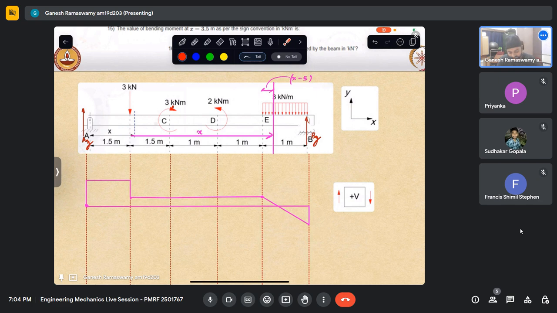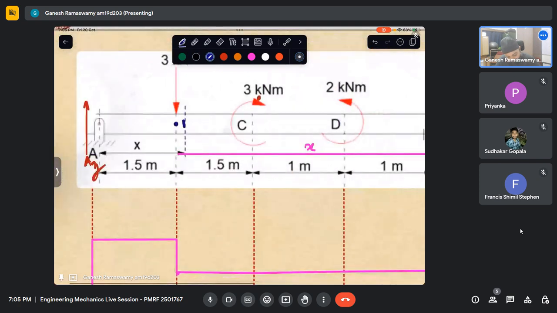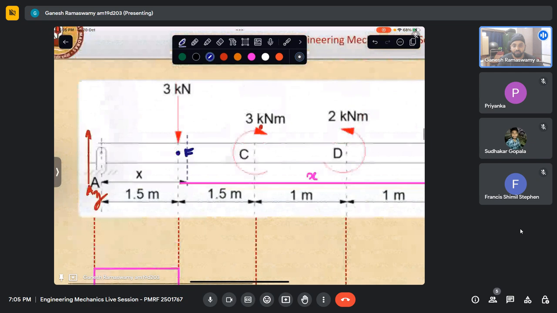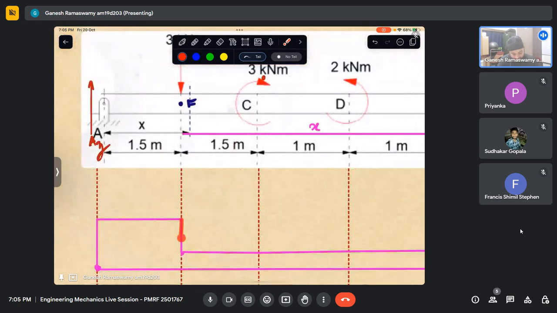So in this context, what we mean is if I just take a section to the left of this, let me call this point F. Just to the left of F, my shear force does not have the 3 kilonewton contribution. Just to the right, it has. At F, it is actually indeterminate. We don't know what it is at F. It cannot be defined.